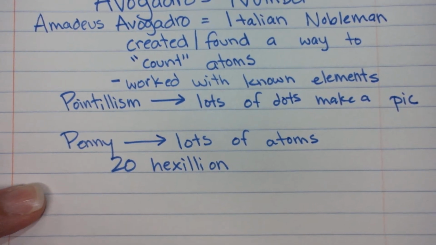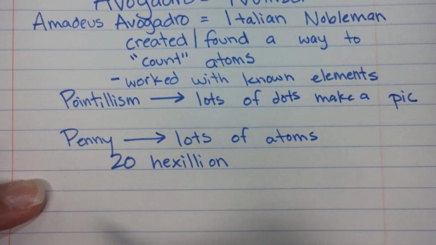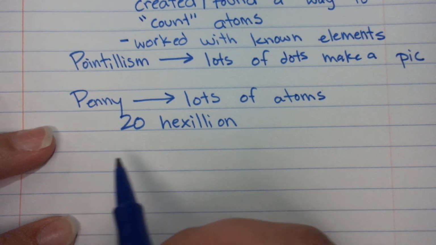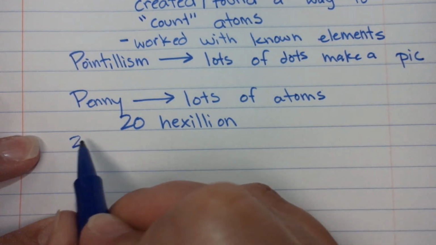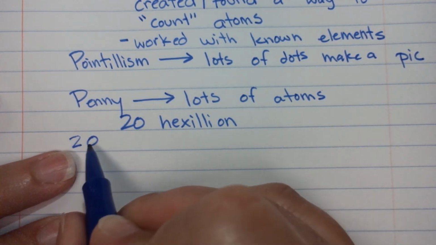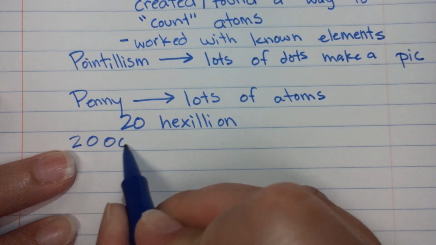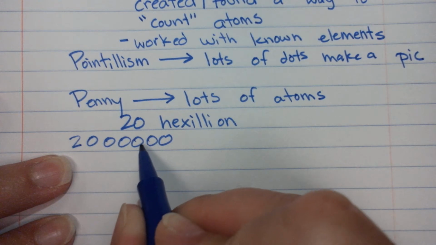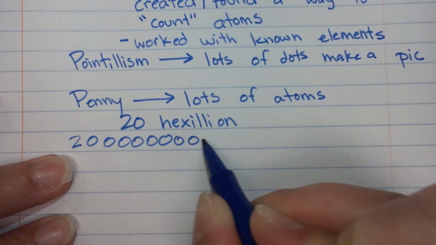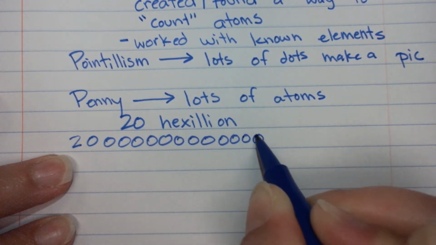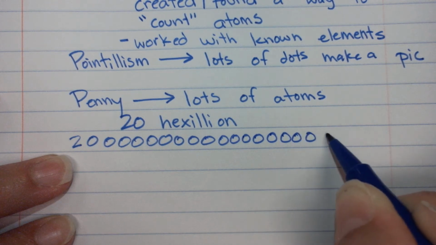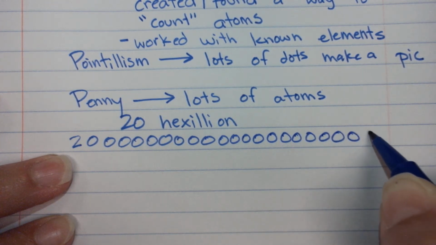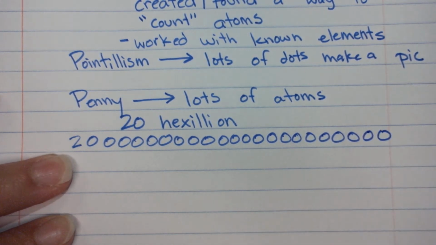So what is this number? Okay, let's come back to Avogadro's number. We knew that this 20 hexillion was 20, and we had 1, 2, 3, 4, 5, 6, 7, 8, 9, 10, 11, 12, 13, 14, 15, 16, 17, 18, 19, 20, 21, 22. That's a lot.